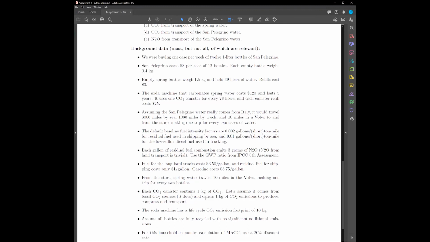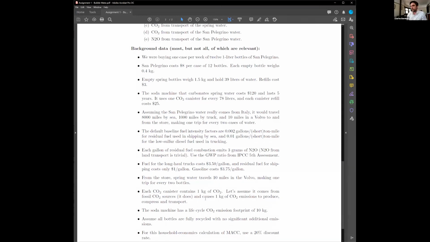So CO2 that came from somewhere had to be compressed, and then it had to be moved from that plant to the grocery store. Okay, so that 1 kilogram is just physically refilling it. It's not the production of the can itself. Yeah, I didn't include that because I figured that'd be de minimis.